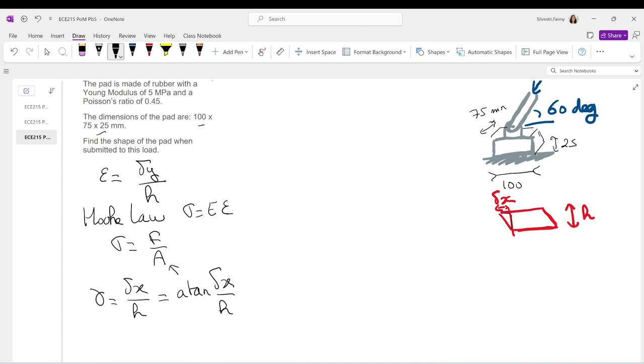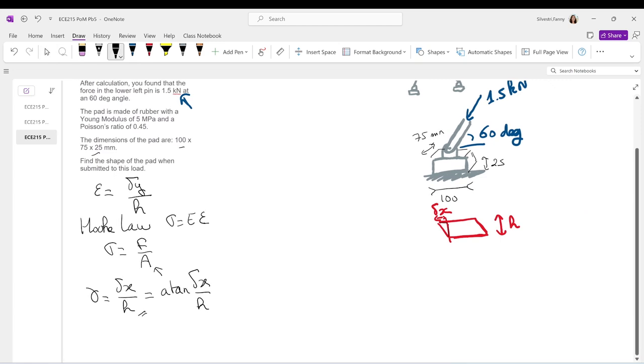But when delta x divided by h is very, very small, the arctangent or just delta x divided by h will be very, very close, very similar. In our example, I think we need to go to 3 significant numbers to get a difference, but it's very minimal, less than 0.1%. So we can use gamma equals delta x divided by h.